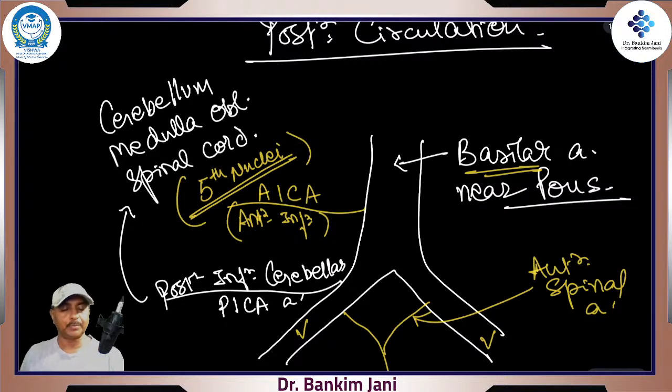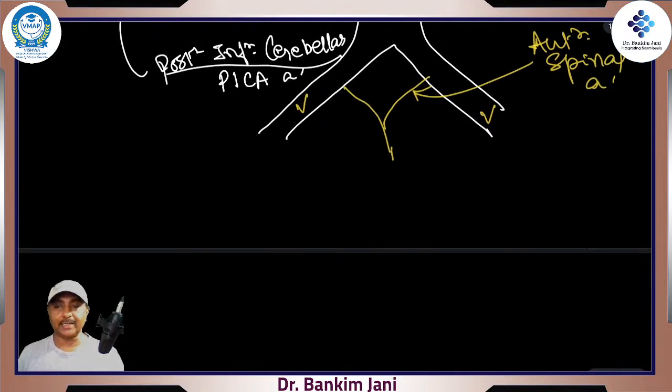So olfactory, optic, oculomotor, trochlear, trigeminal. So important. Trigeminal, which is a mixed nerve, right? It has those three divisions. So this artery is vital.